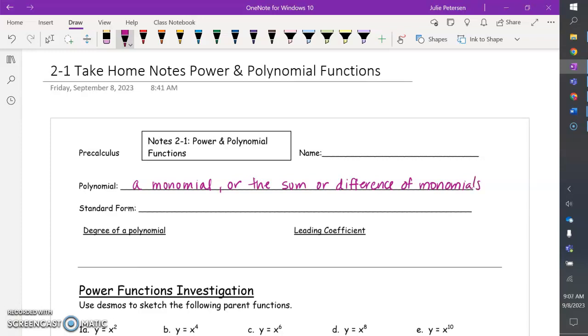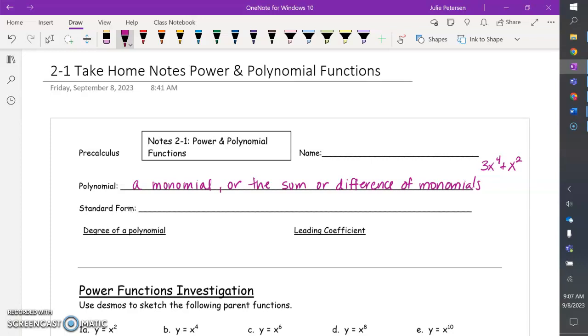All that means is an example of a monomial would be something like 3x to the fourth. That's one term. If I add something else like x squared, now that's a polynomial because it has multiple monomials.